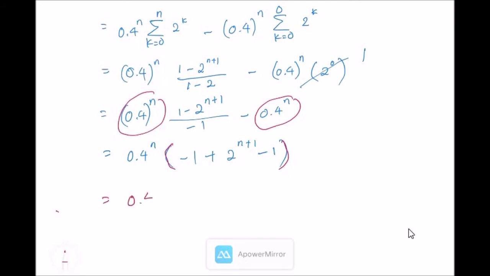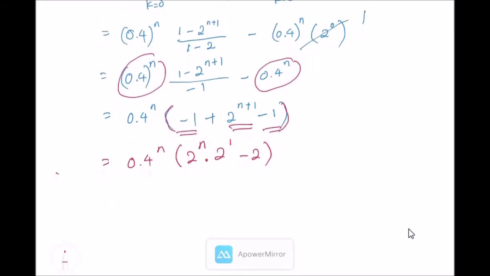So 0.4 power of n, and for this part I can have the 2 power of n, and then times 2 power of 1, minus 1 and minus 1, you get minus 2. So what do you get?